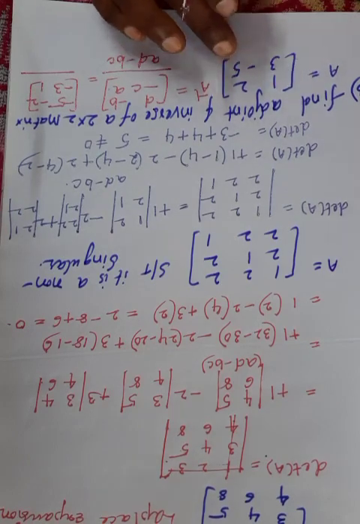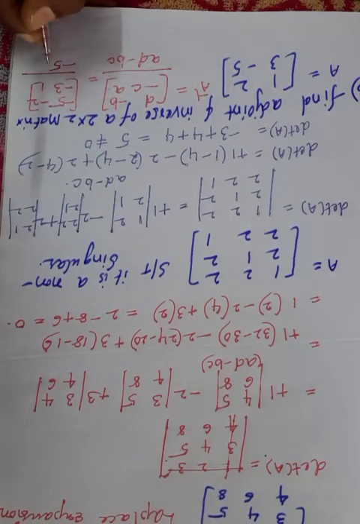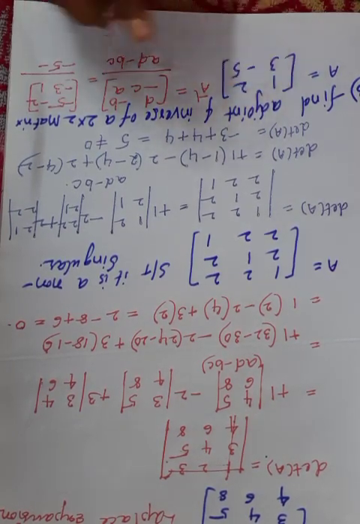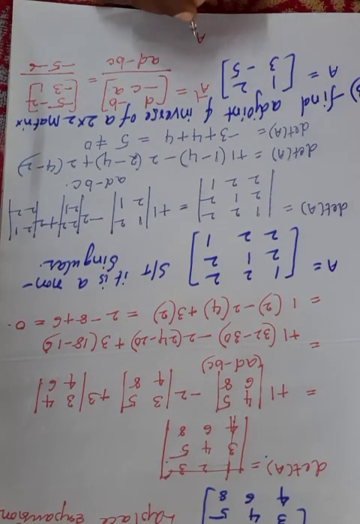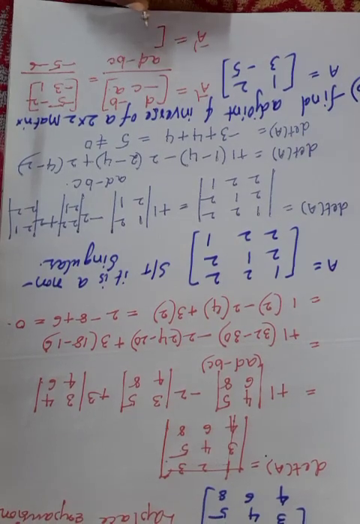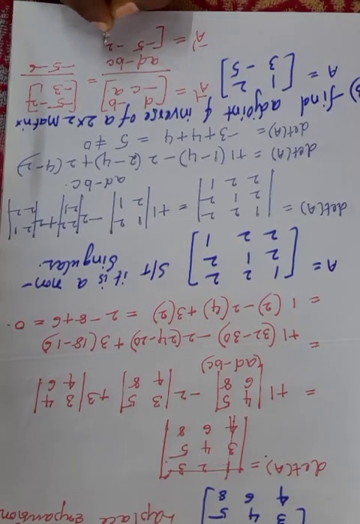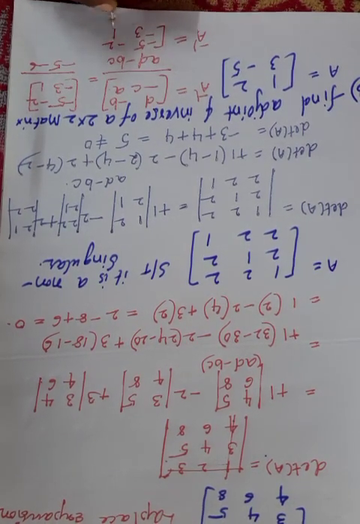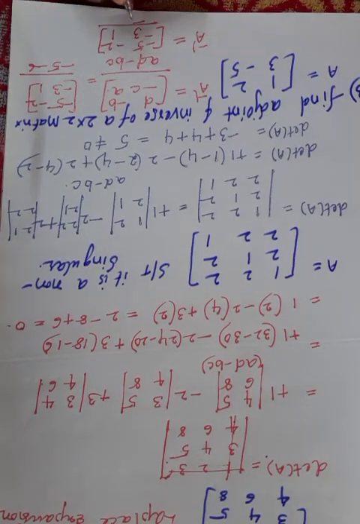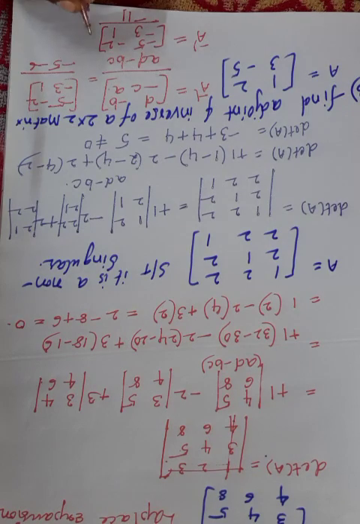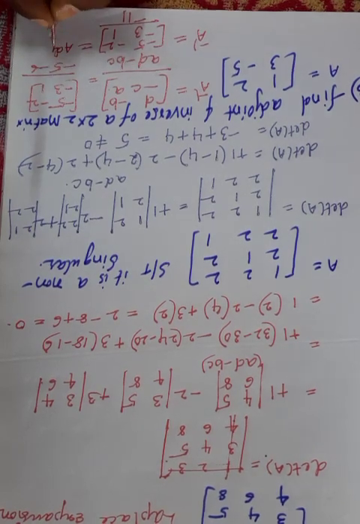So 1 into minus 5 is minus 5, minus B into C, 3 into 2 is 6. So like this you have to solve. Therefore A inverse is equal to minus 5 minus 2 minus 3 1 divided by minus 5 minus 6, which is minus 11. So this is adjoint of A.